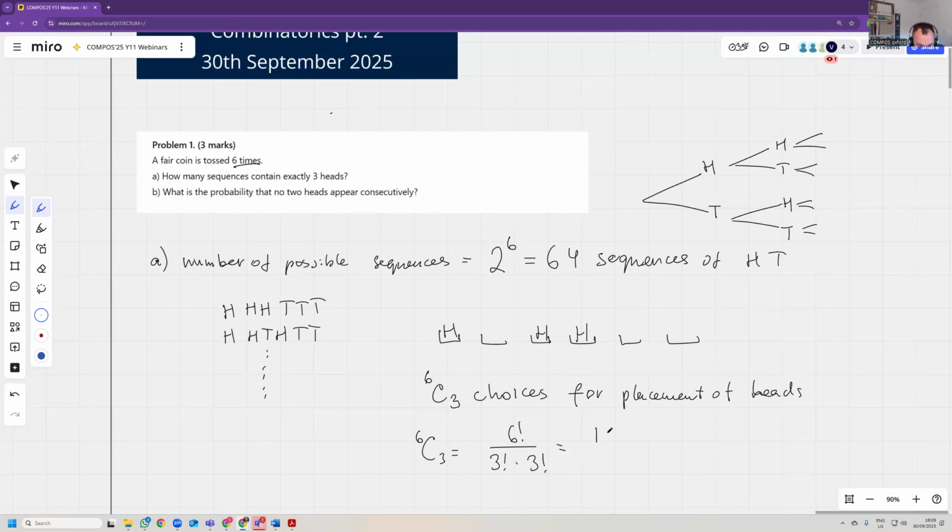So that's 1 times 2 times 3 times 4 times 5 times 6 divided by 1 times 2 times 3 times 1 times 2 times 3. Yes, that is 20. There are 20 sequences that contain exactly 3 heads.